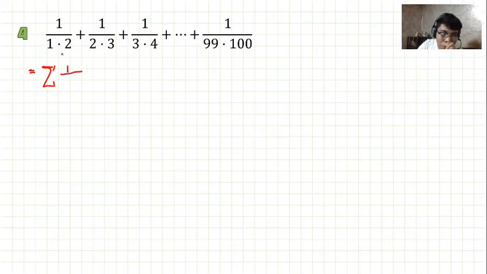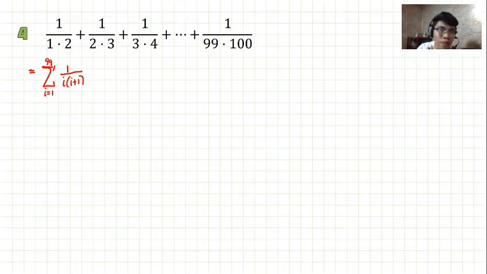As you can see, the pattern here: 1 became 2, 1 times 2. Then 2, 2 plus 1, 3. So you just add 1 to the second factor. Suppose this is i, so you have i plus 1 here, right? i is from 1 to 99 to get this series, right? So from that, we have now obtained the sigma notation form of this series.